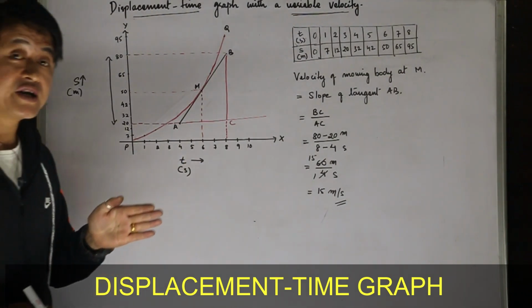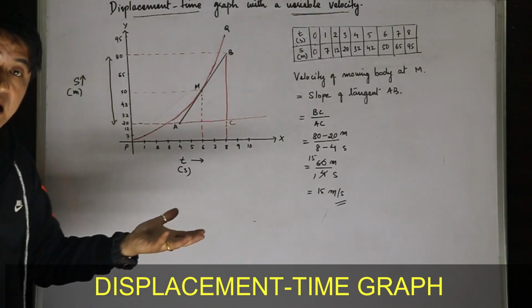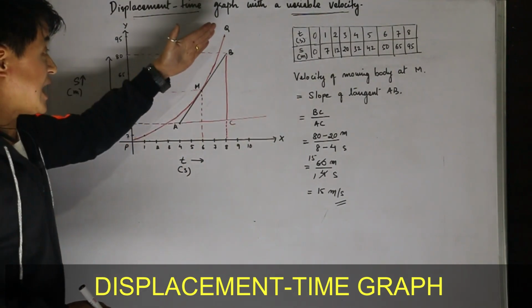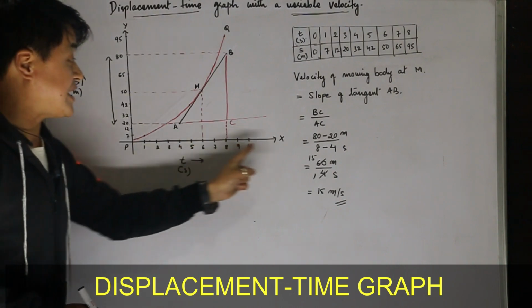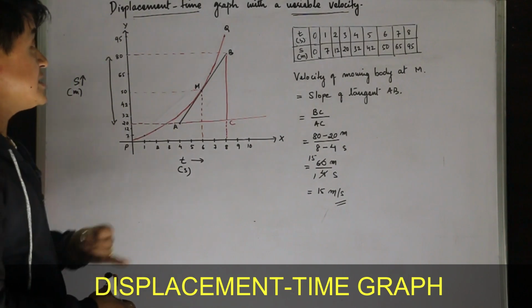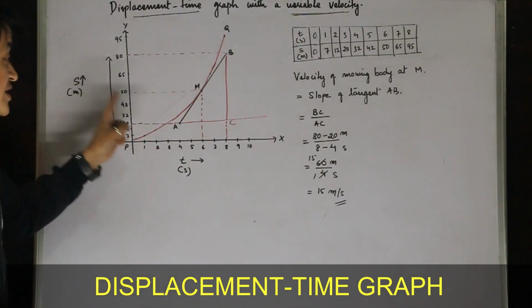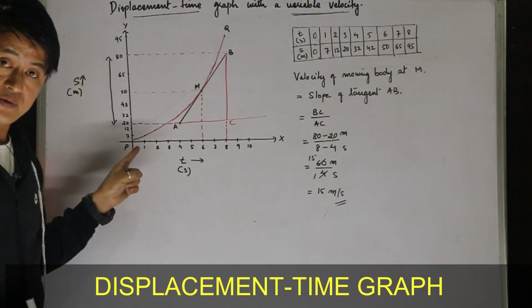And when the body is moving with a uniform velocity, the displacement time graph is a straight line inclined to the x-axis. And for a variable velocity, the displacement time graph is a curve.